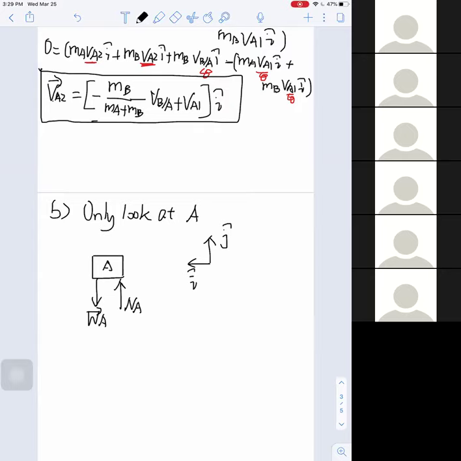And now, since we're only looking at this boat A, this boat is pulled by the rope with tension T here. So now we have tension force in our free body diagram so that we can apply equations to solve this problem.